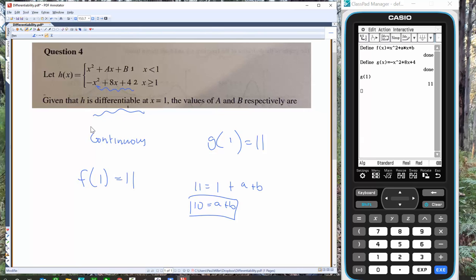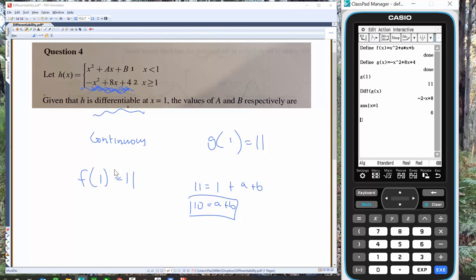All right, now let's concentrate on the differentiability. So that's making the functions continuous. Now I need to make the functions have the same gradient. So to do that, what I'm going to do is get the gradient at this point and make this one have the same gradient at the same point. So I'm going to differentiate g of x and sub x equals 1 into that point.